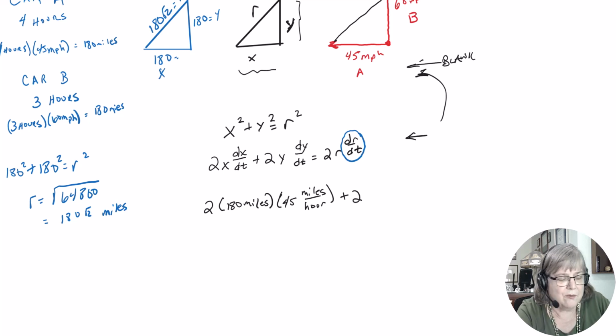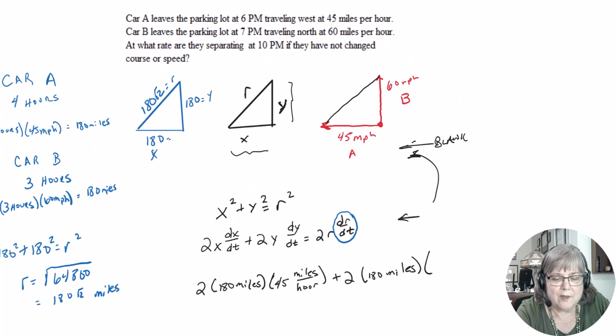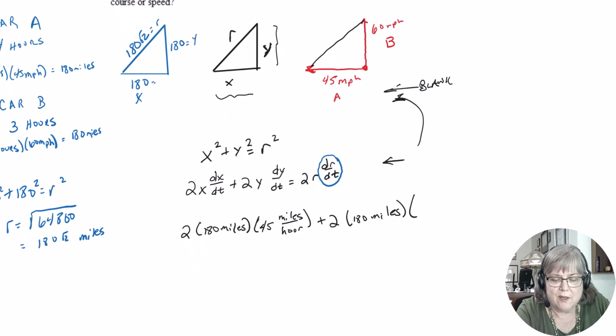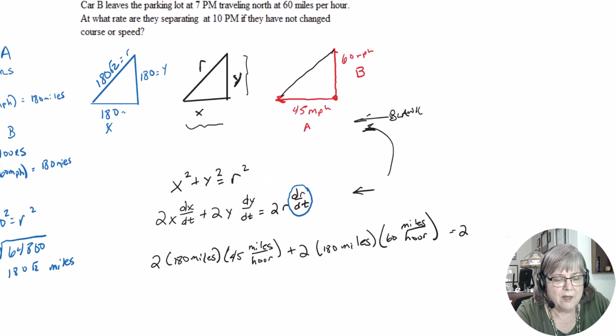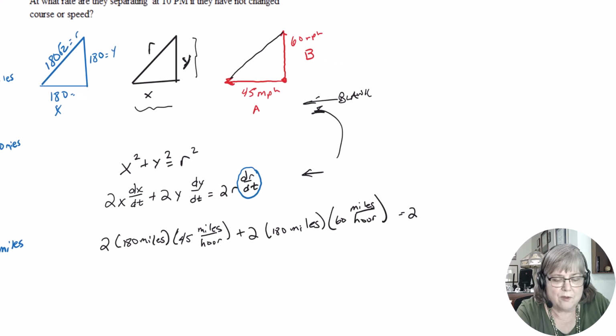And again, you can divide by the 2's and be done with it. And y is 180 miles. And dy/dt is how quickly we're driving off in that direction. And so this is 60 miles per hour equals 2, right? And r is 180 square root of 2.